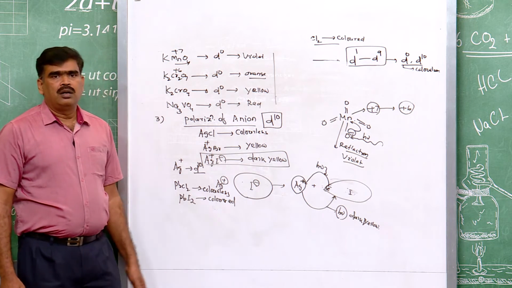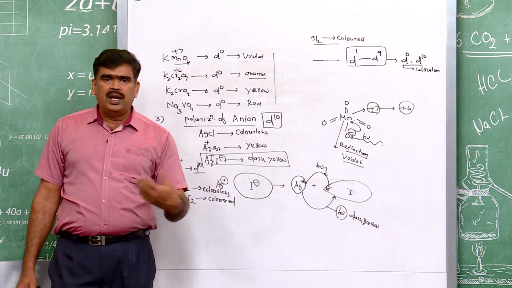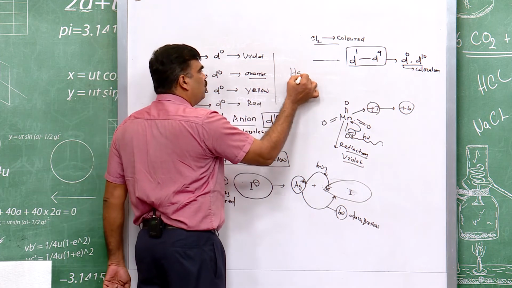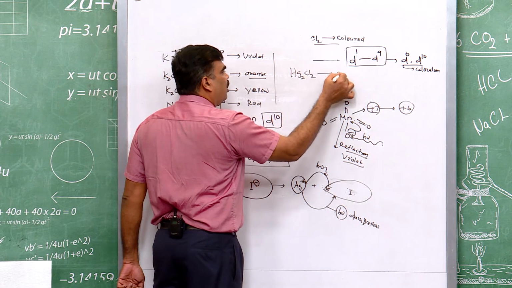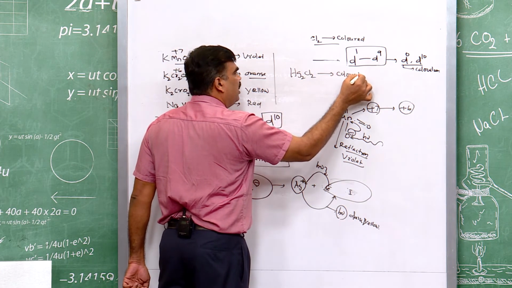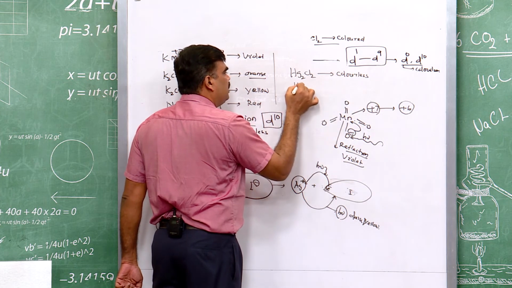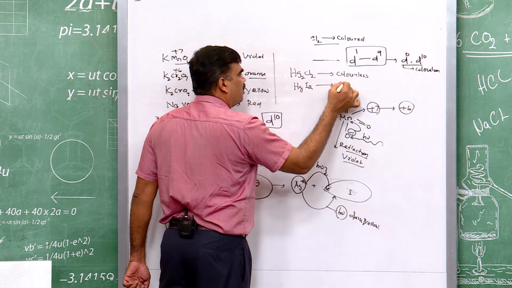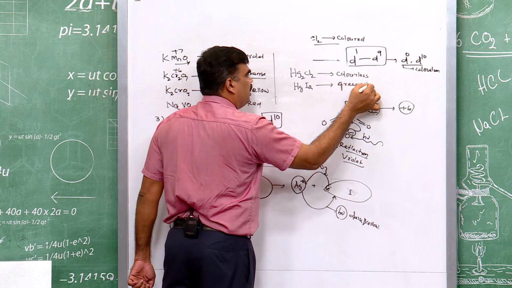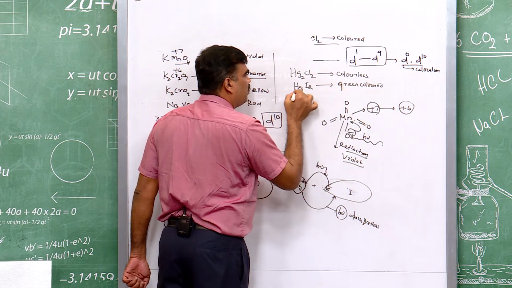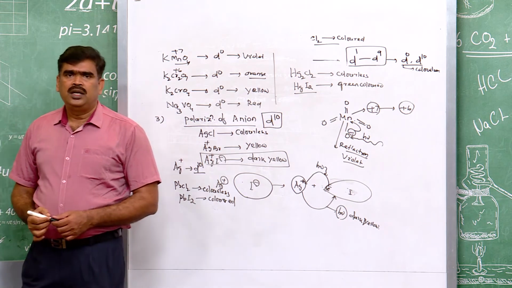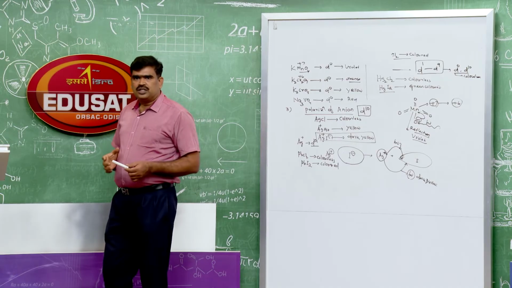Similarly, mercurous chloride Hg2Cl2 is colorless, for the same reason, but HgI2 is green colored. Same reason. This is nothing but polarization of anion.